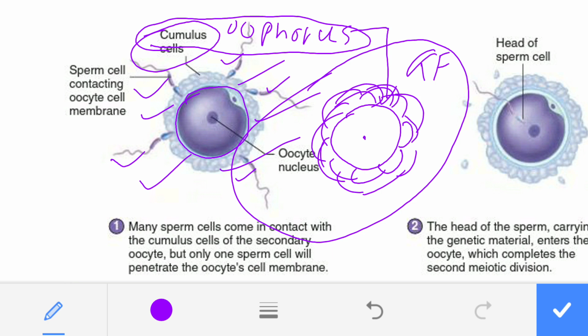cells. But when this Graafian follicle ruptures and the secondary oocyte is released, the same granulosa cells which were earlier known as cumulus oophorus are now known as corona radiata. This thing we have to keep in mind.